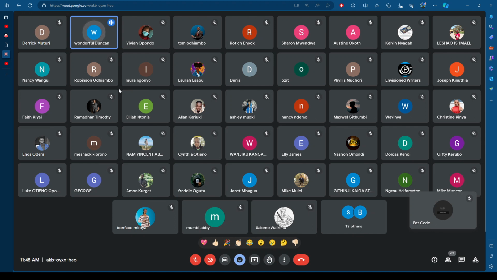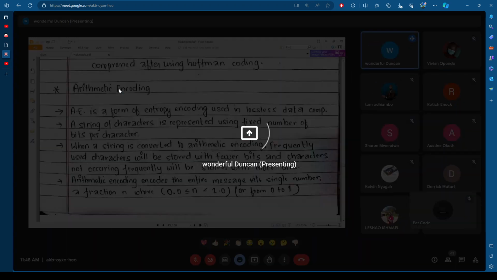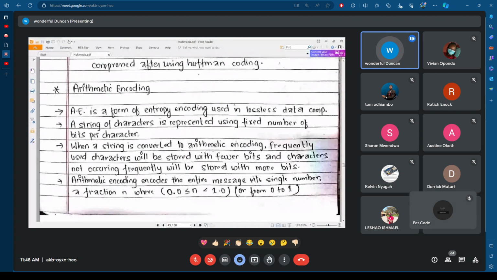So the other one is arithmetic coding, and let me read for you. Arithmetic coding is a form of entropy coding used in lossless data compression. Just write this. Arithmetic coding or encoding is a form of entropy coding used in lossless data compression.